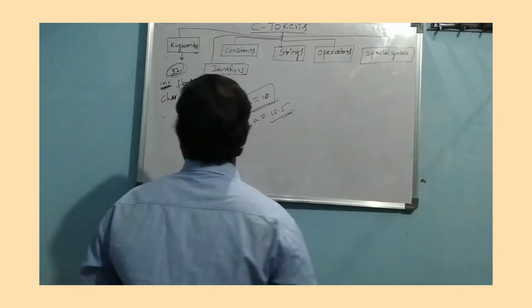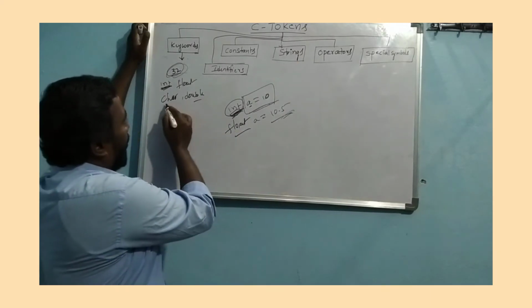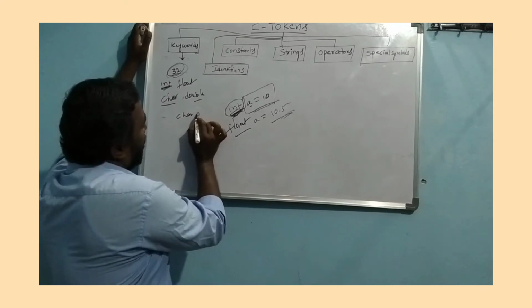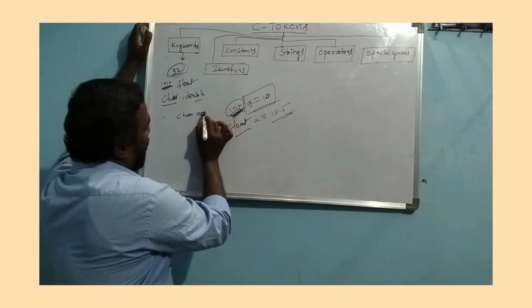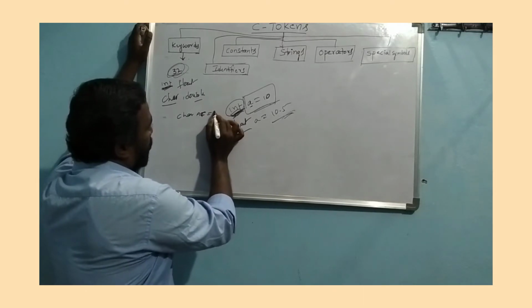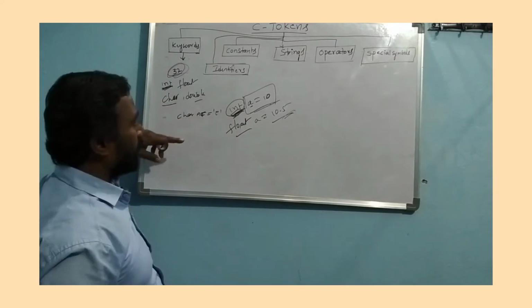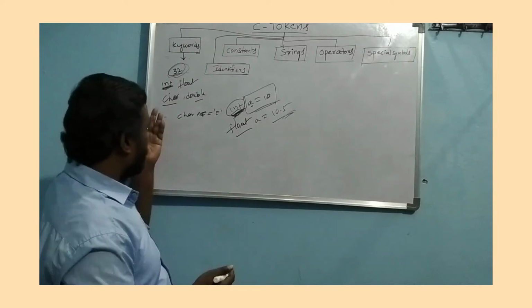Some keywords I have explained. Character means if you want to take any character, char a equal to something, or we can take a equal to, within single quotation, e. If you want to write this type of character in C programming language, we can use char.